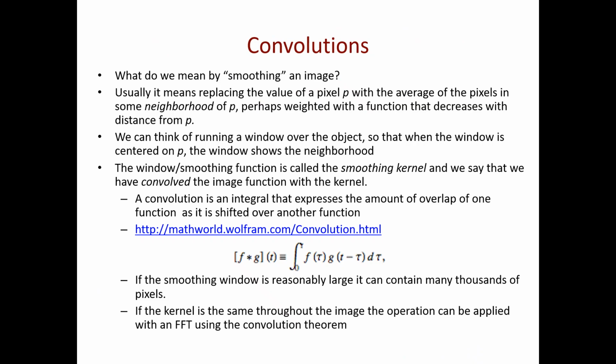So the best way to understand filtering is through convolutions. Now we're normally used to one-dimensional convolution, where you might have a discrete signal and then you have something like a Gaussian, and you convolve the two with a shift, where that Gaussian is shifting through the entire real line.